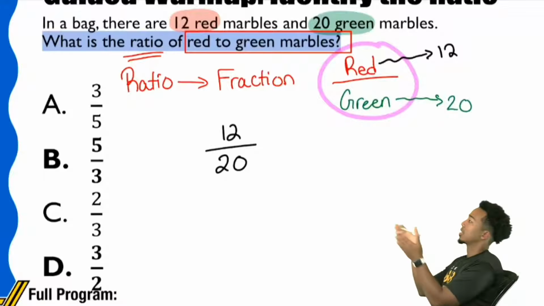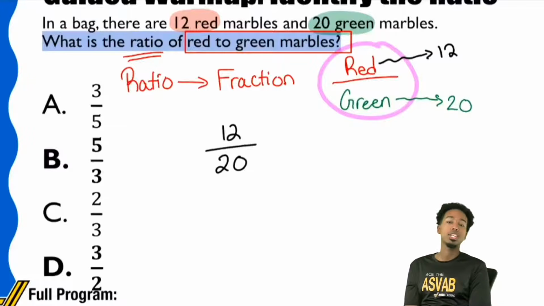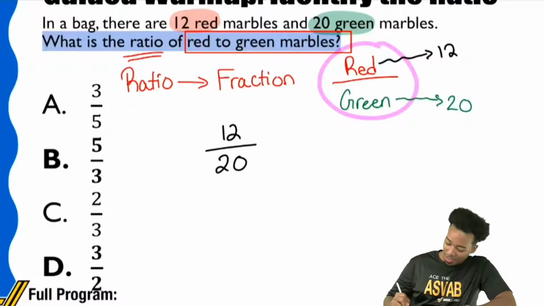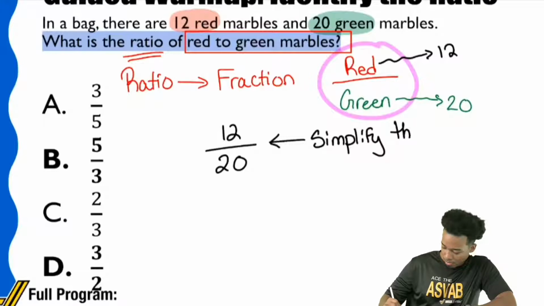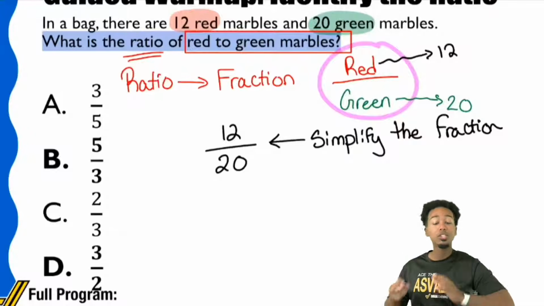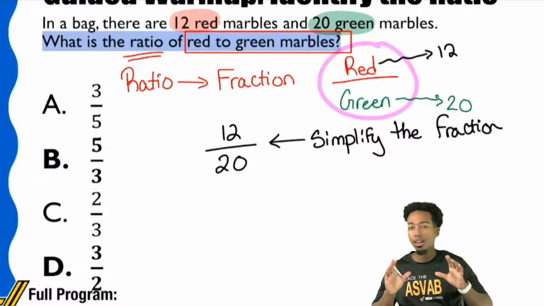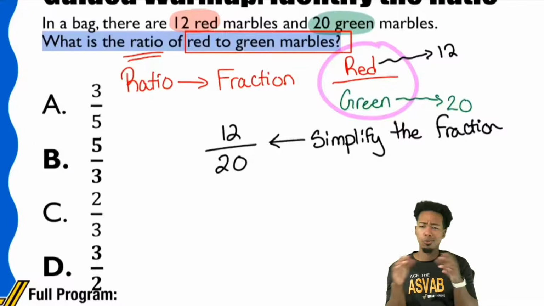But why the heck is that not one of the answer choices? Right. We need to simplify. That's right. We have got to simplify the fraction. And so remember, everybody, all simplifying a fraction truly is, is dividing the same number from the top and the bottom, or the numerator and denominator, whatever you want to say.